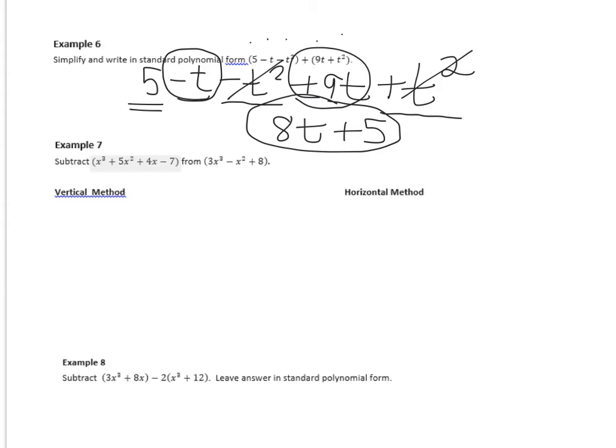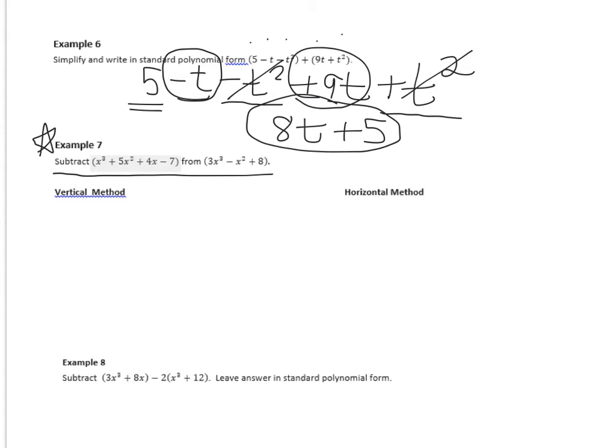Now subtracting. There's a certain thing you have to remember when you're subtracting. It's very important. Example 7 I'm starting with because kids typically make a mistake when they're given a subtraction problem that's worded this way.